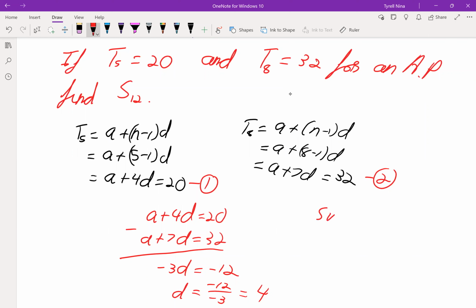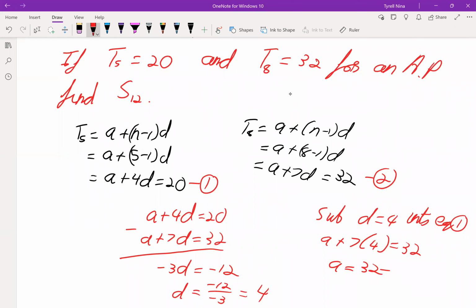And we could sub D equals 4 into equation 1. So we'll get A plus 7 by 4 is 32. A is 32 minus 28, which is 4.